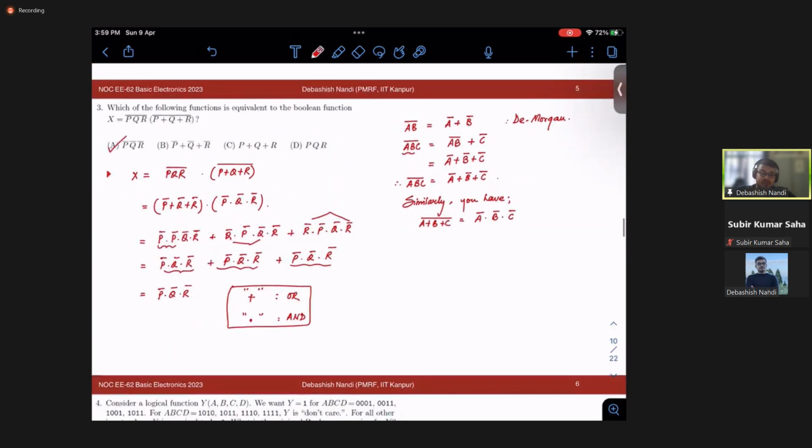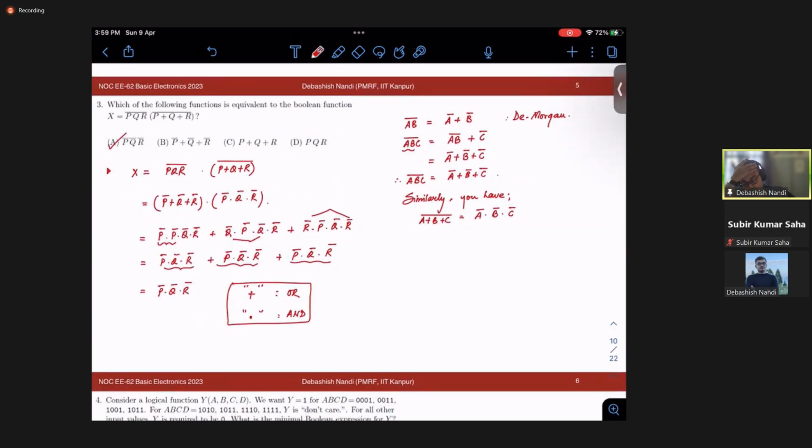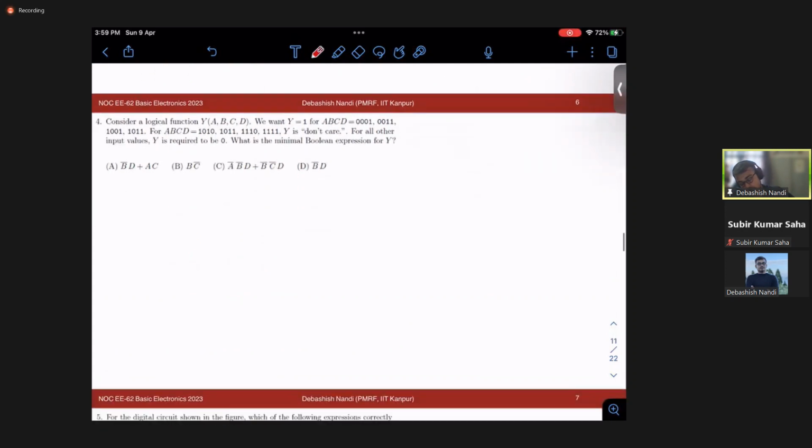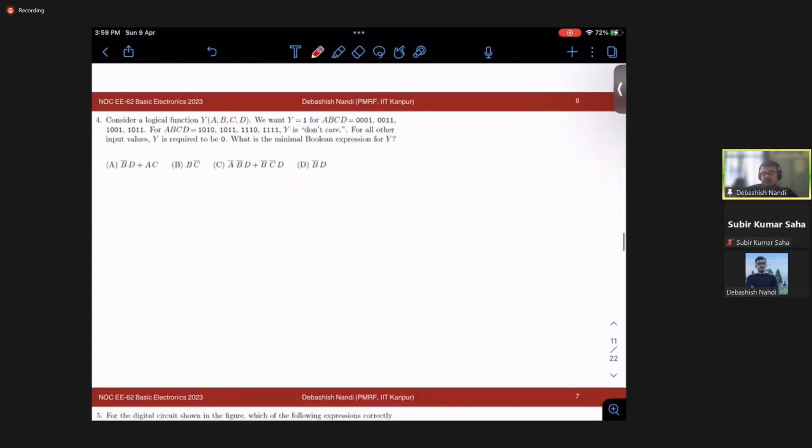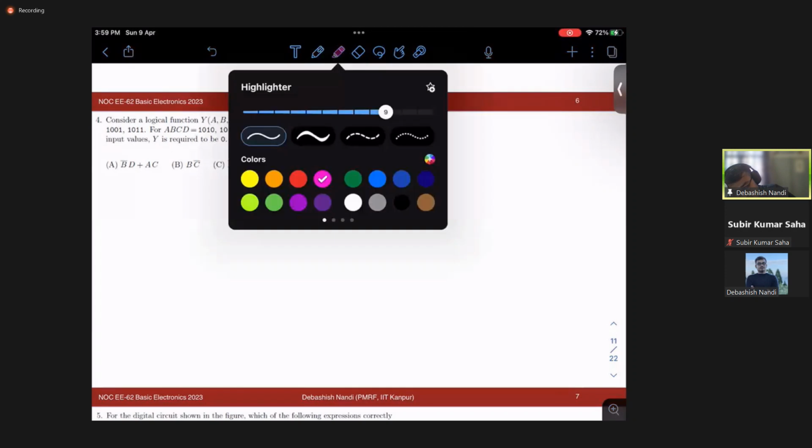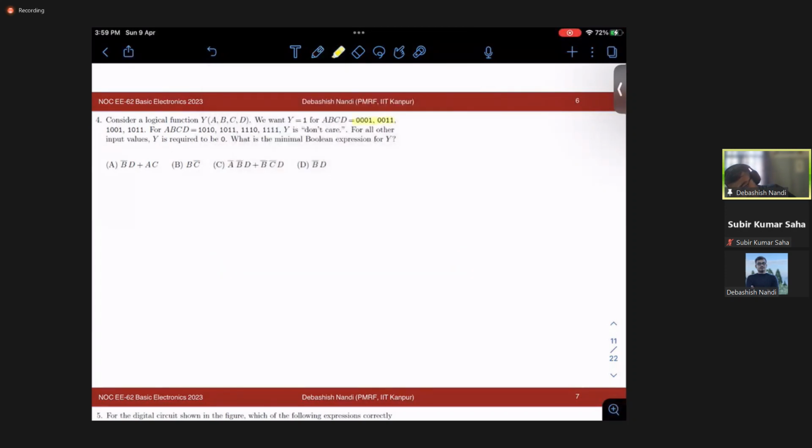So I think this is clear. Let's move on to the next problem. Consider a logical function. We want y equal to 1 for this, and y equal to 1 for this kind of combinations, and for these combinations we have don't care, and don't care means it can be either 0 or 1.